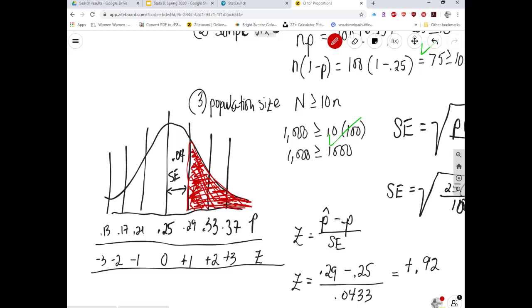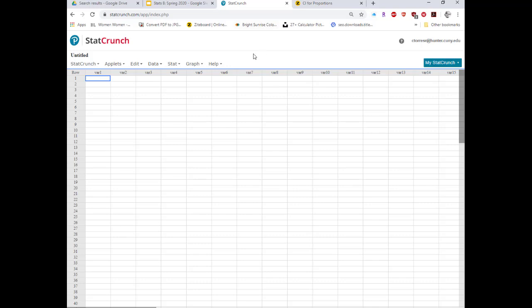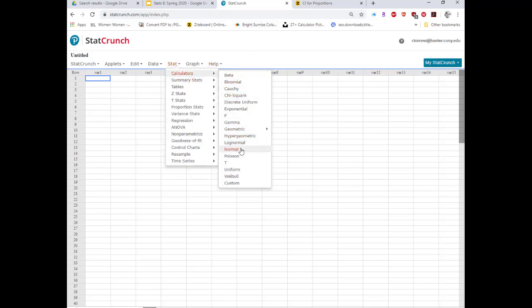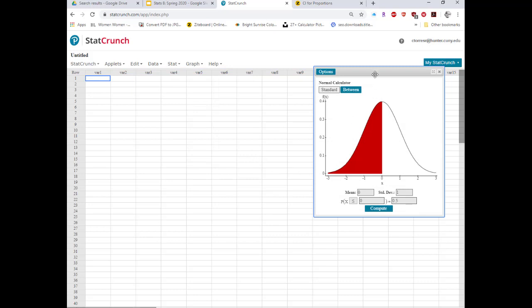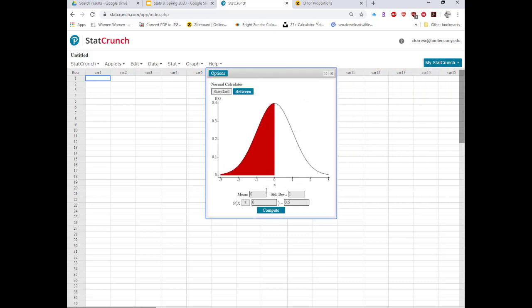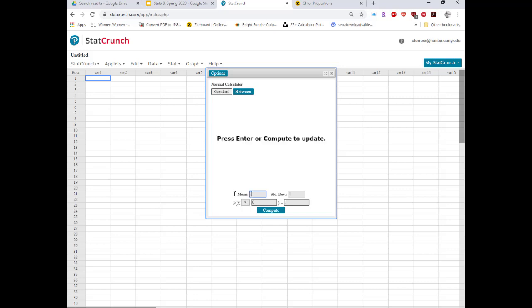So I'm going to go to StatCrunch. I can go to calculators and then go down to normal. I'm going to put in my population proportion, which was 0.25. My standard deviation was 0.0433.